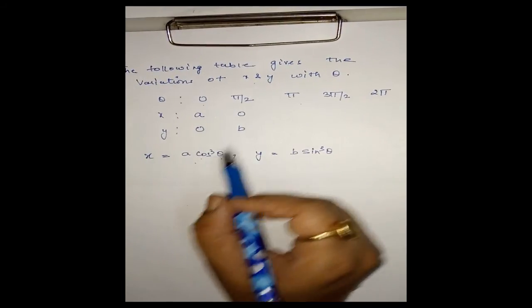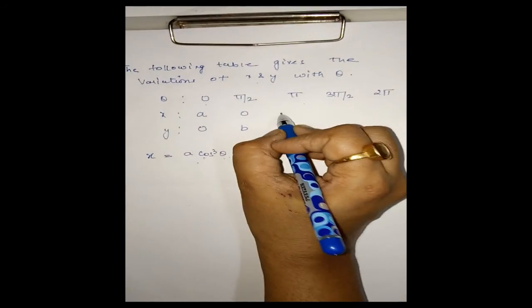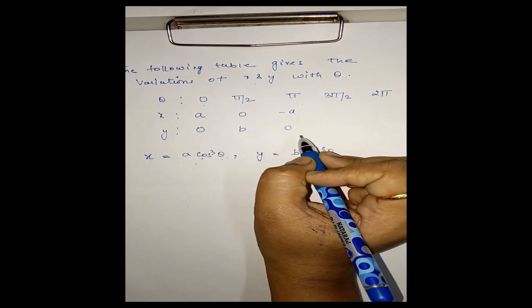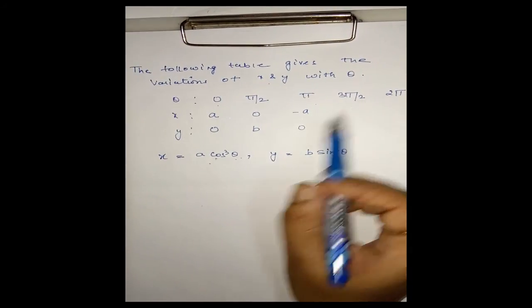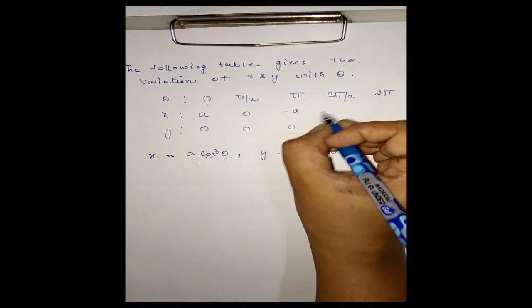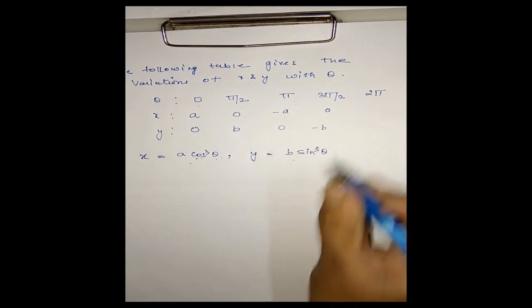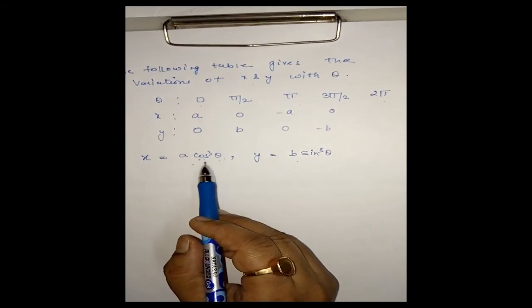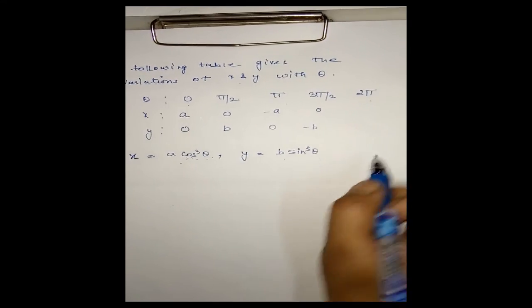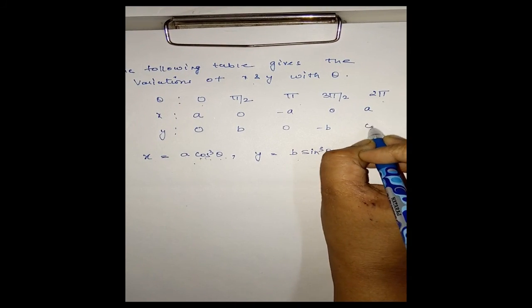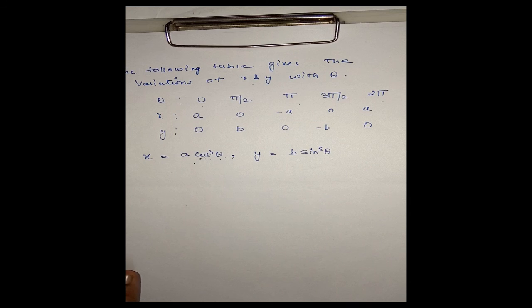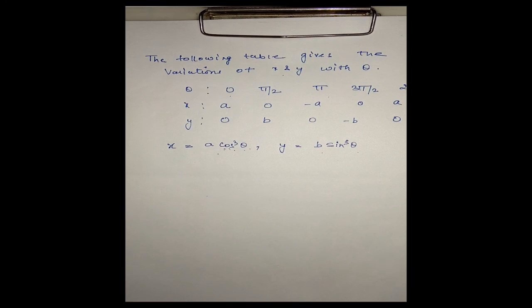When theta is pi, x is minus a and y is 0. When theta is 3 pi by 2, x is 0 and y is minus b. And when theta is 2 pi, x is a and y is 0. These are the variations of x and y with theta.